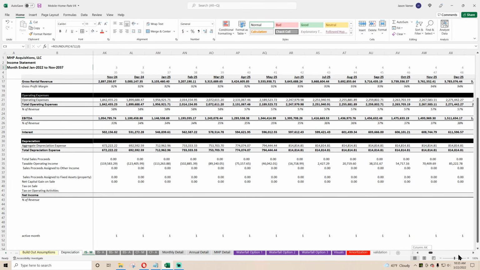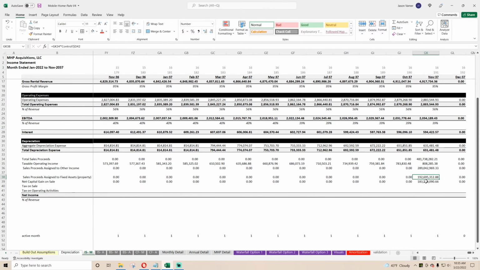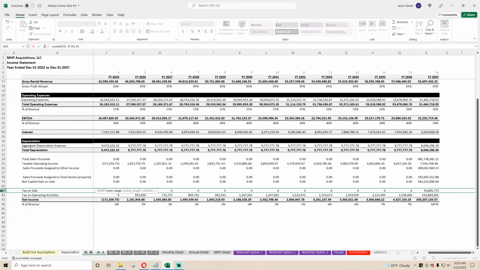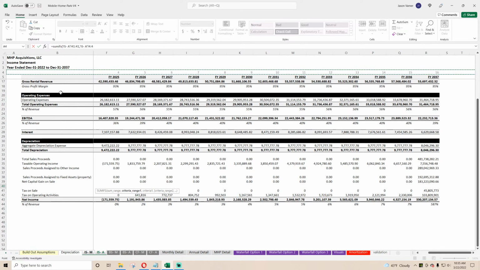Okay, and then that. So on the monthly, I want to sum up the annual divided by the active months in the period. So tax on the sale is going to be sumifs this amount if this equals this.